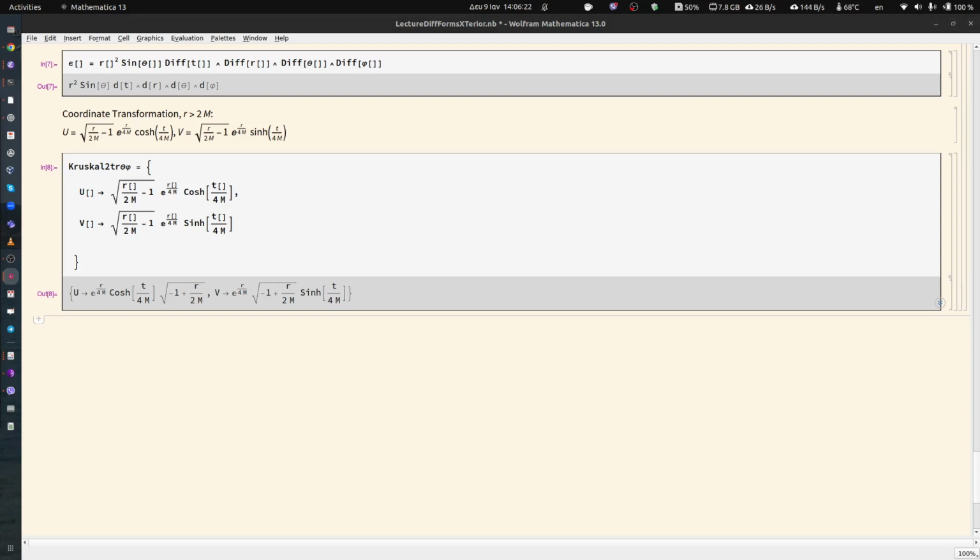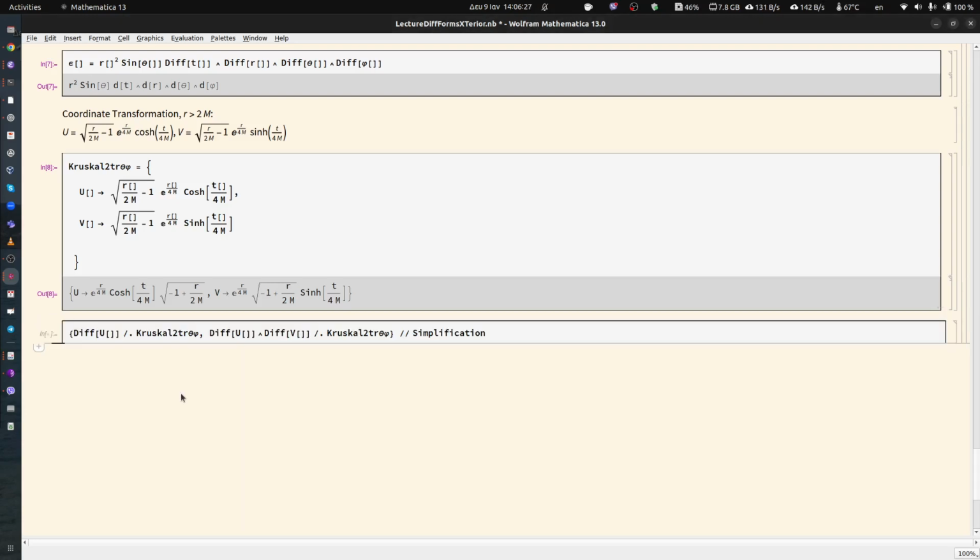So now we can write expressions here, and what they compute is du. Of course, du in the Kruskal coordinate system is simply du, but if we want to see how it is related to the one-forms in the Schwarzschild coordinate system, then we have to apply this coordinate change rule, and we simplify this expression with the simplification function.